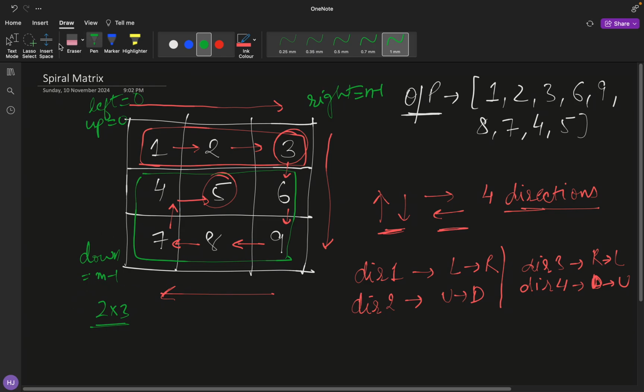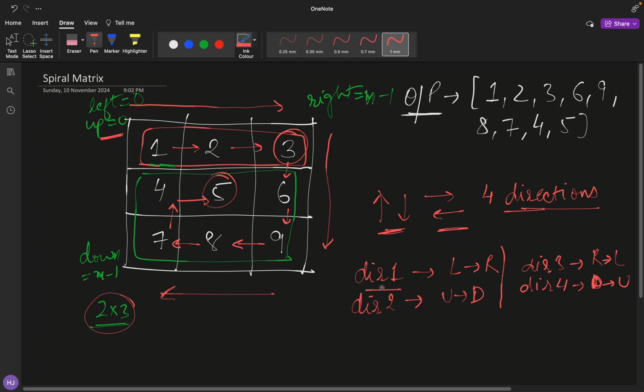After completing this whole traversal from left to right, whenever I shift down, the effective area of traversal remains a 2 cross 3 matrix only. So do you think that there is a need to shift my up pointer a bit down? The answer is yes.